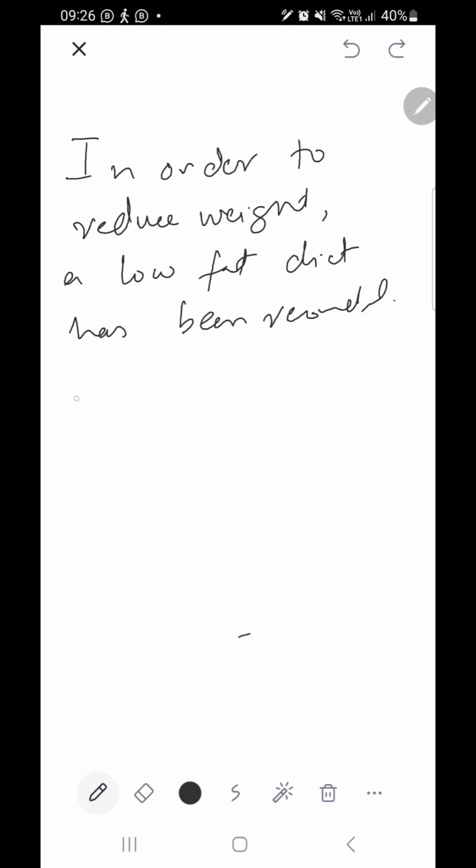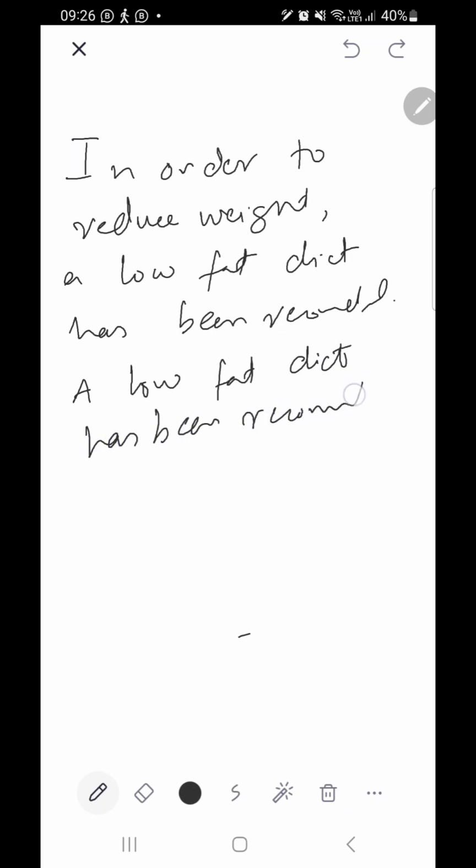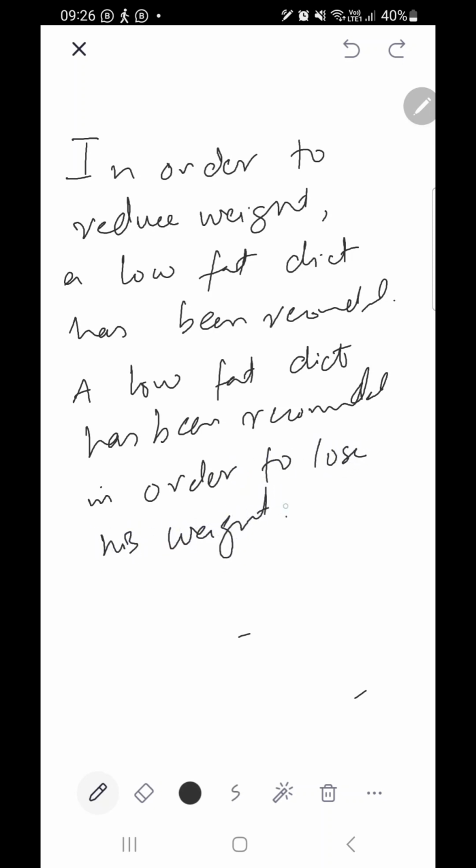And we can write it vice versa as well. A low fat diet has been recommended in order to lose his weight. Okay?